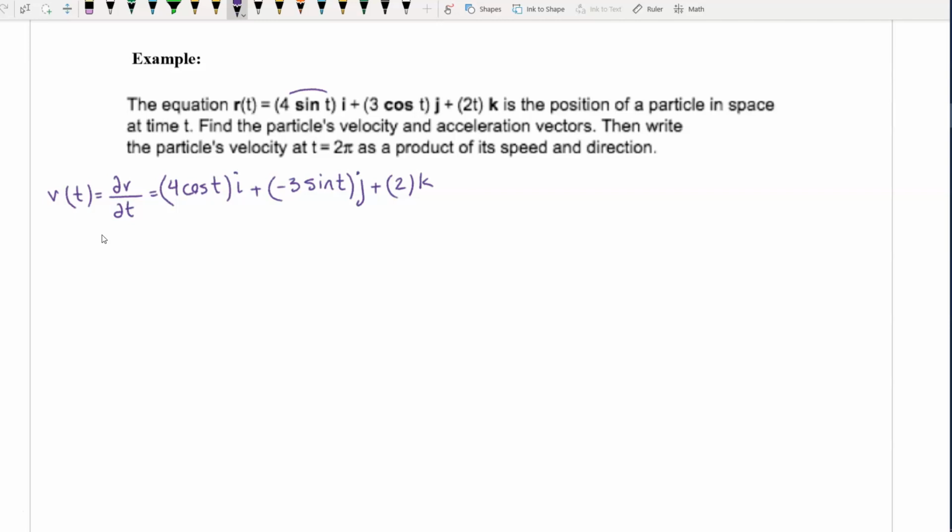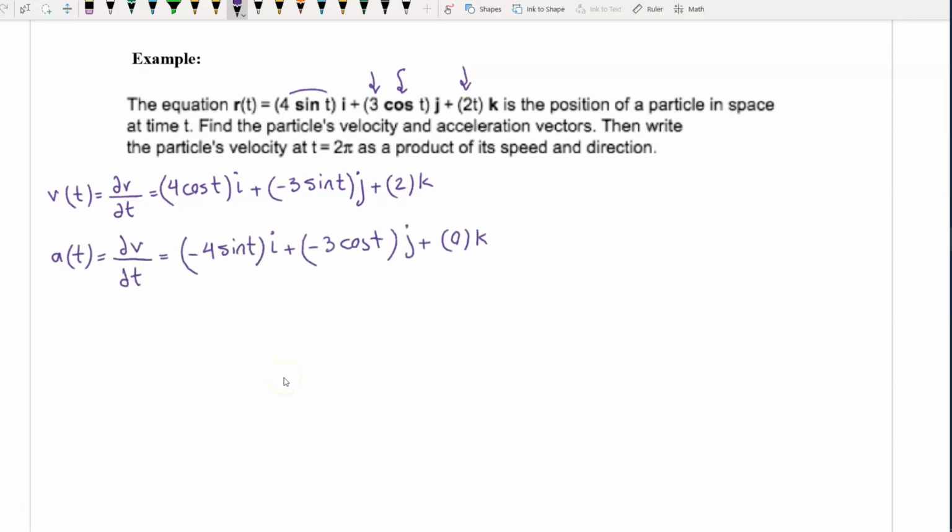So here we have 4 cosine t times i plus, and here we have 3, so writing 3 here, and then the derivative of cosine is negative sine, so here we have negative 3 sine t j plus the derivative of 2t with respect to t, which is equal to 2. So v of t is equal to 4 cosine t i plus negative 3 sine t j plus 2k. And now finding acceleration, so use what we had for velocity and find the first derivative of velocity with respect to t.